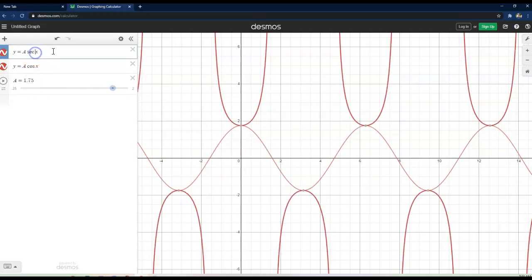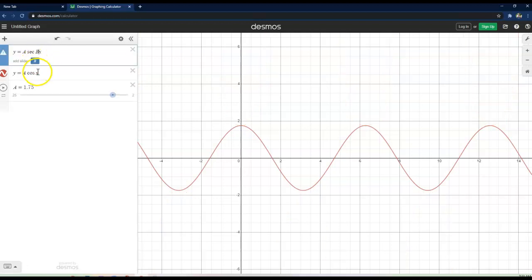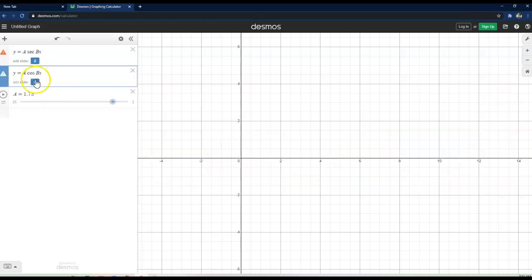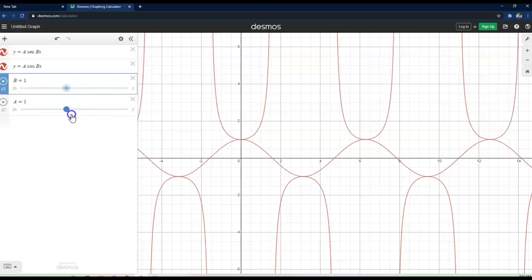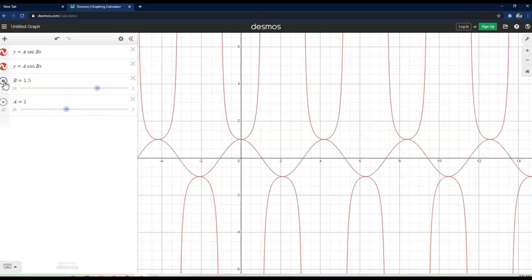Now we also know that you can put a b value here that is going to either horizontally compress or stretch, thinking about the terminology that's used in your textbook, your function. Okay, so let's put this back to regular and let's play this.